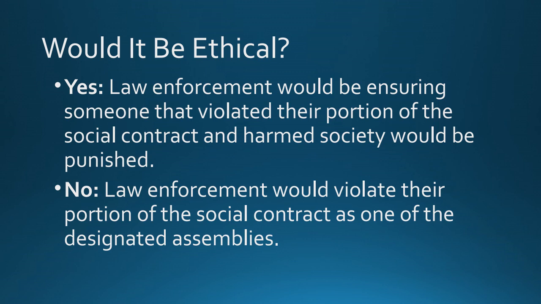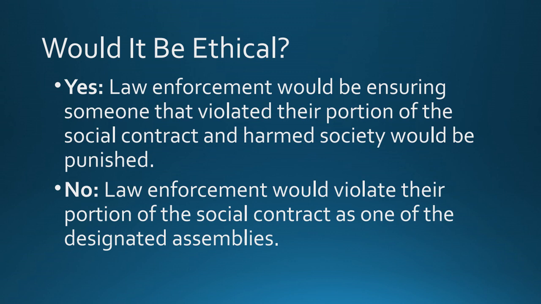However, the theory would also view it as being unethical because law enforcement violated their own portion of the social contract as one of the designated assemblies. They violated a citizen's constitutional rights, as well as they're not abiding by the social contract.